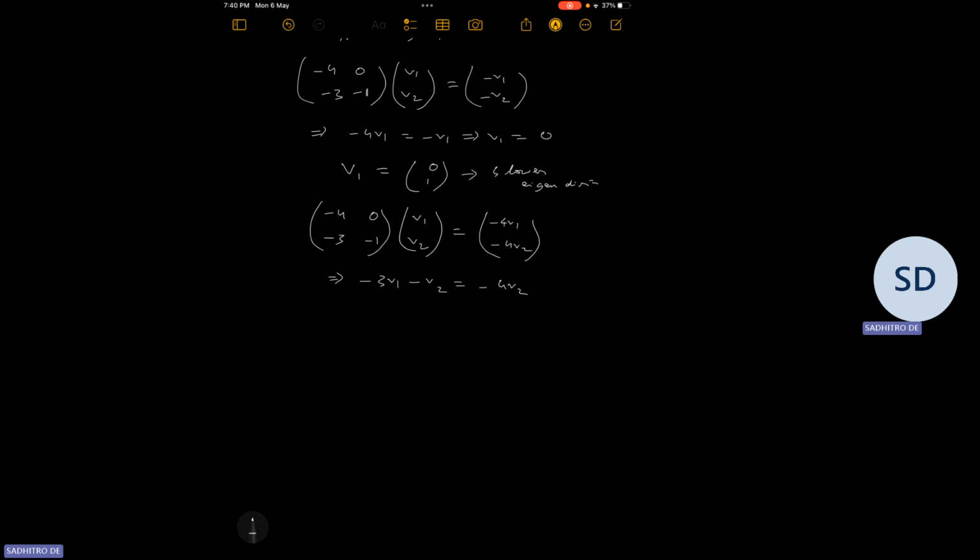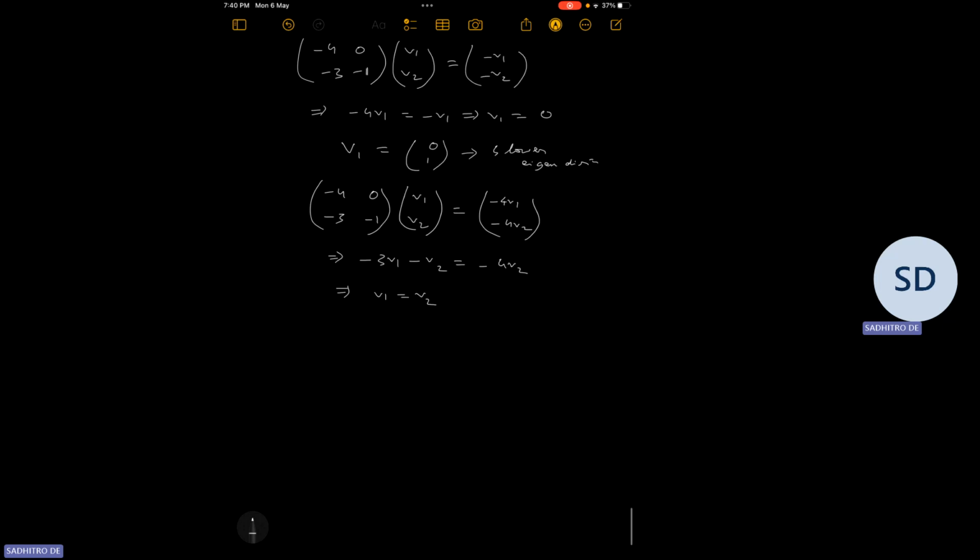So that implies that v1 equal to v2. So this is the eigenvector which corresponds to the faster eigendirection.